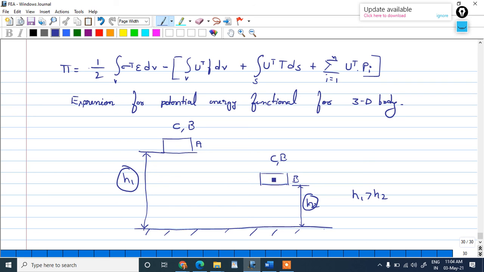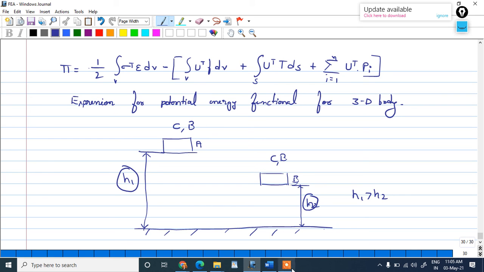If it is satisfying both compatibility and boundary condition, you should check which body will come into equilibrium first. When I ask you such a question, is it A or B? The answer is obviously B. So body B will come into the equilibrium state earlier than A. That is what it states, and we call that the principle of minimum potential energy.